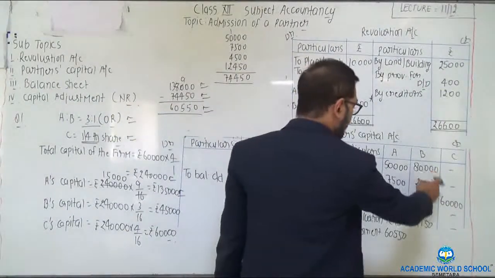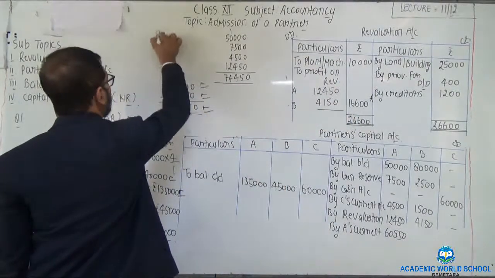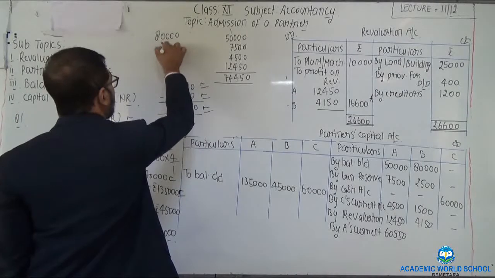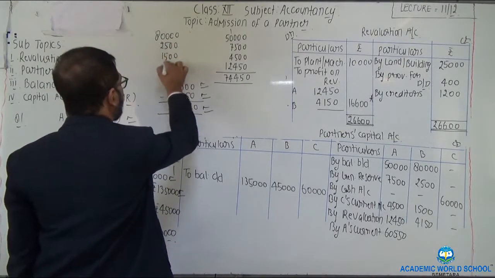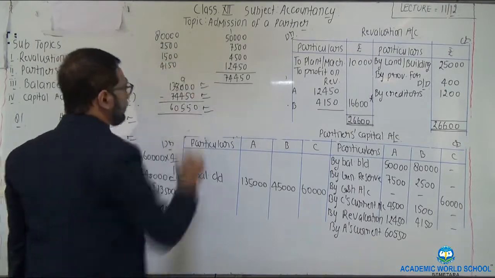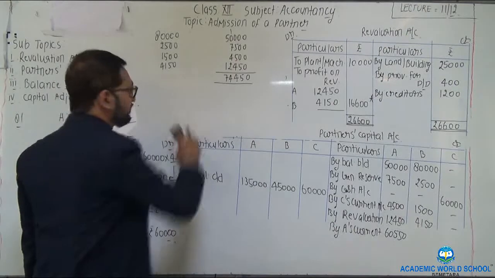After that, make the total of B: 80,000, 2,500, 1,500, and the amount of profit of revaluation account, that is 4,150.